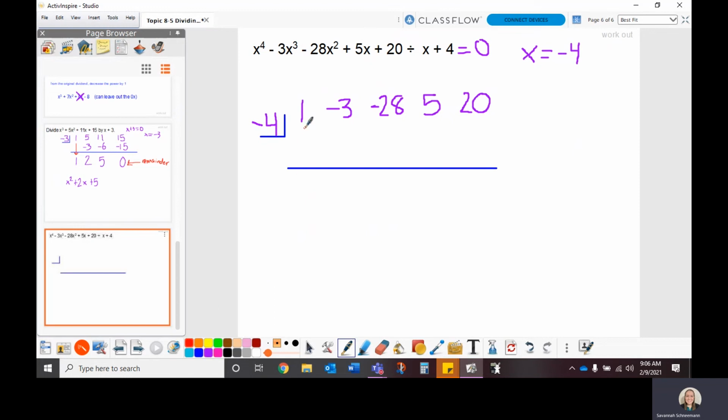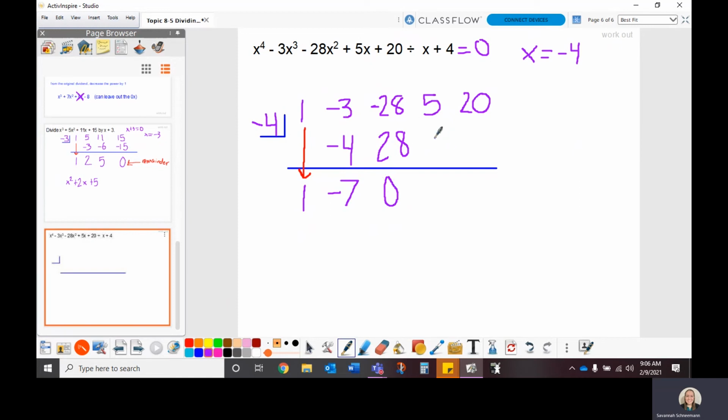Remember, we bring our first coefficient straight down. So we bring that 1 straight down, so we're going to have 1 times -4, which is -4. -3 plus -4 is going to be -7. -7 times our -4 is going to be a positive 28, which -28 plus positive 28 is 0.